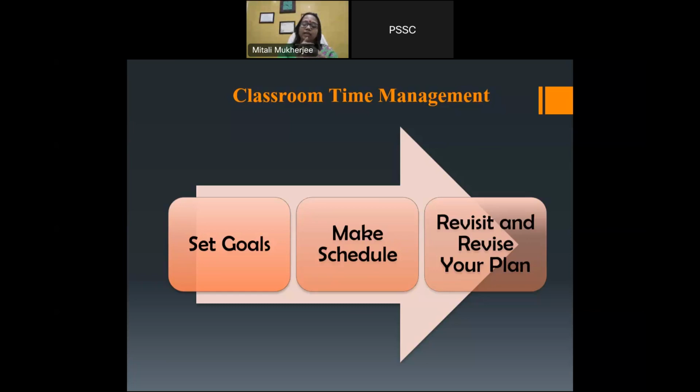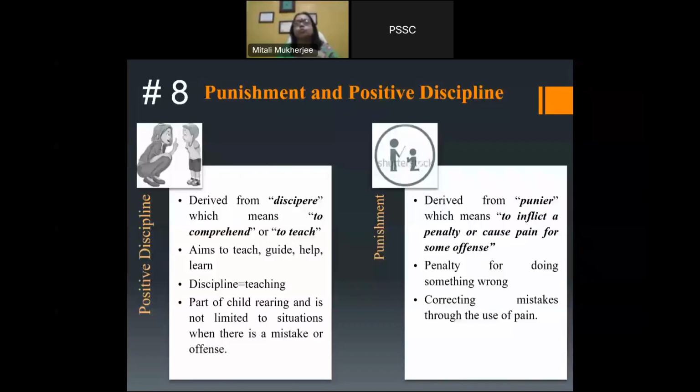Now, next one, I will always tell you that punishments don't help. It is positive reinforcement which helps. If you tell a child that if you talk in the class, I will give you a black star, the child will not be motivated. But if you tell the child, if you don't talk in the class, I will give you 2 red stars, the child will be more motivated. So please understand that penalties do not help.